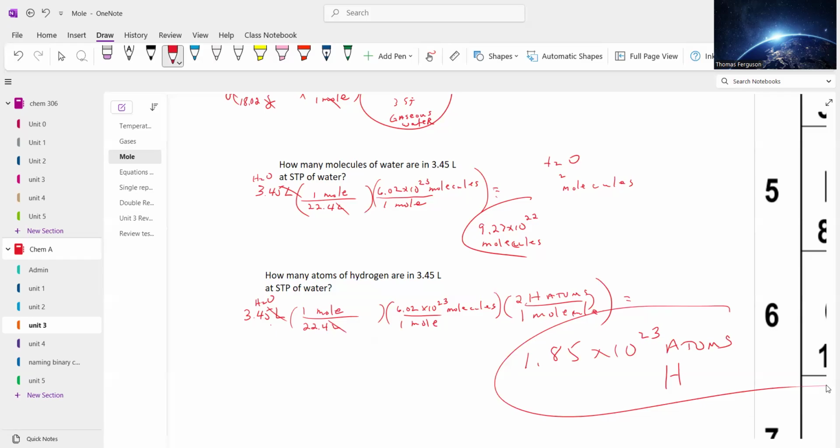The middle one, the 6.92, is not infinite. Yes, 3 sig figs. That conversion is infinite, but the 6.02 is not infinite.